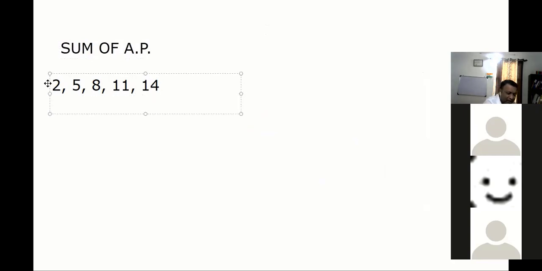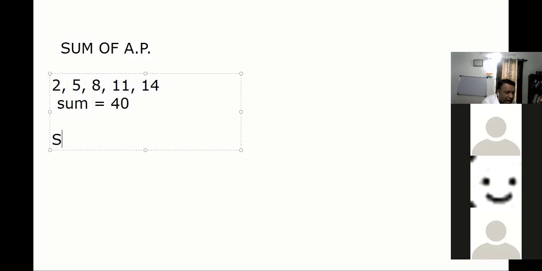If you do it manually, what will be the sum? Add all of them: 2 plus 5 is 7, 15, 26, 40. But when the AP becomes very big, doing it manually is inefficient.